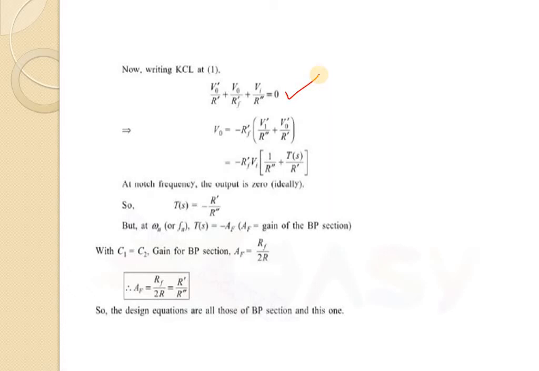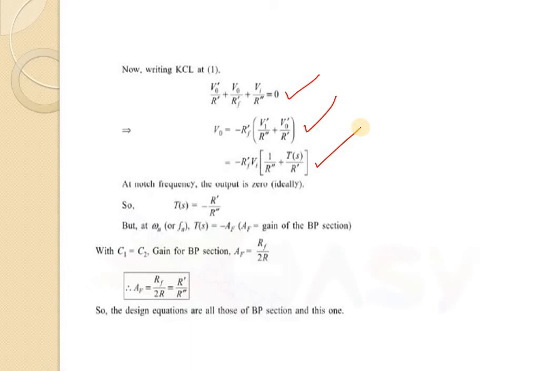And we are getting that V0 equals minus RF' into Vi/R'' plus V0'/R'. And this is the expression. At notch frequency, the output is 0.